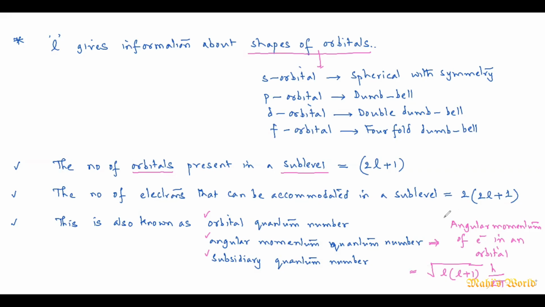So, because it is used for the calculation of angular momentum of electron in an orbital, we call it angular momentum quantum number.